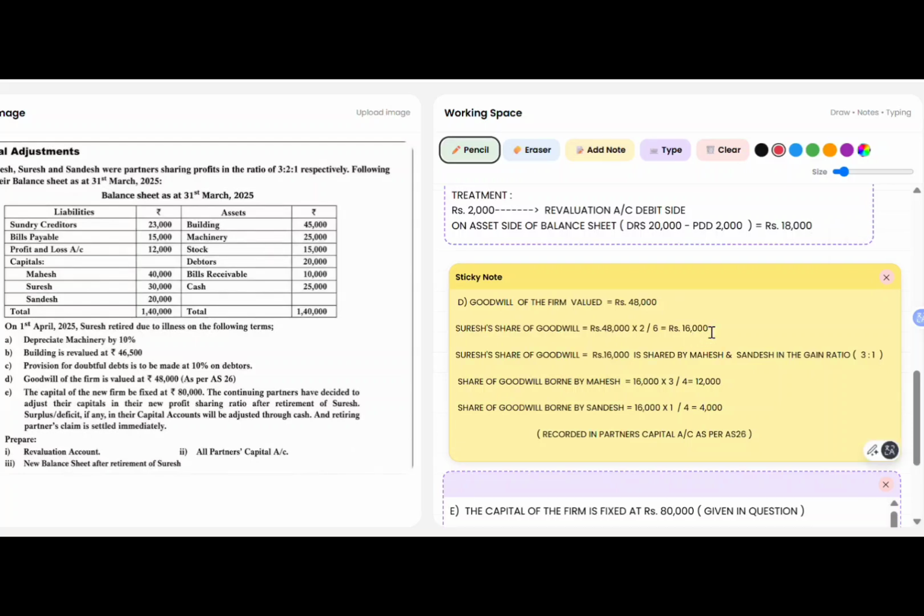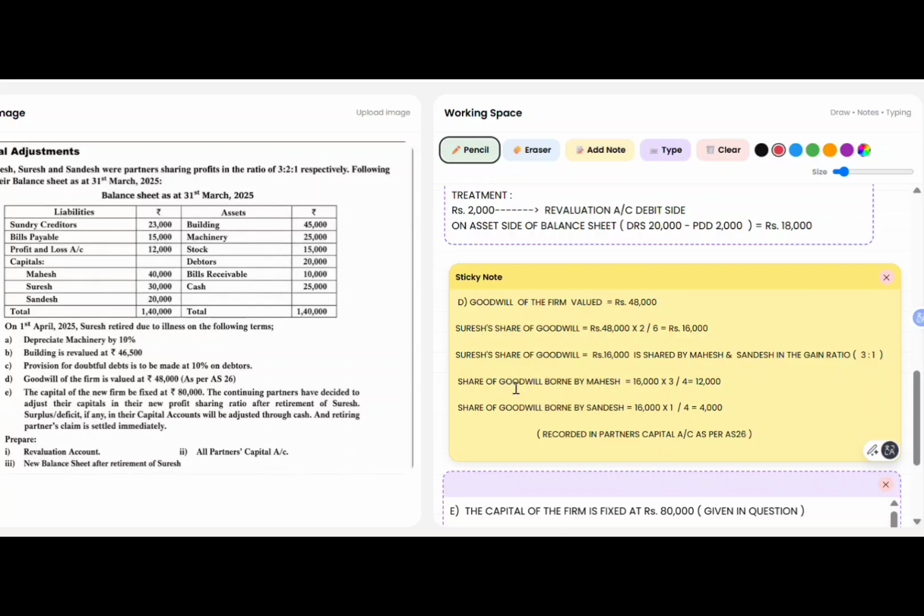Now this 16,000, Suresh's share of goodwill, is shared by Mahesh and Sandesh in the gain ratio, that is 3:1. So it will be borne by the continuing partners. So they have to contribute for the goodwill of the retiring partner.